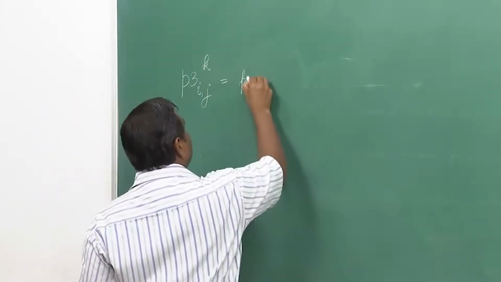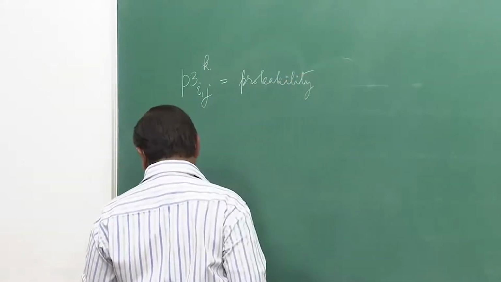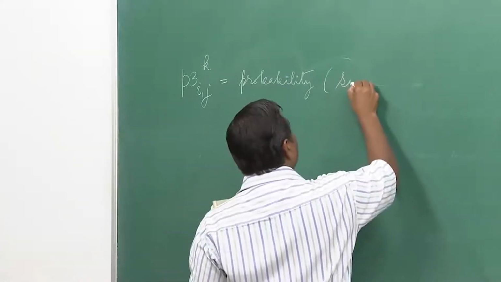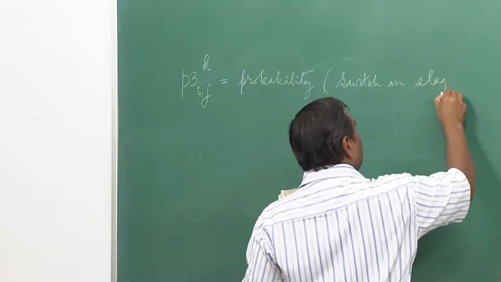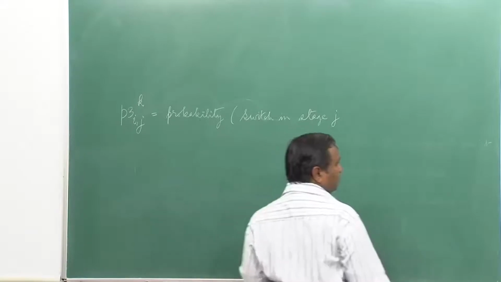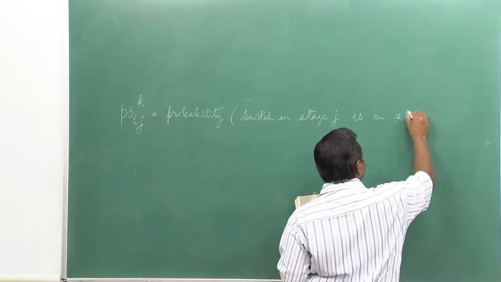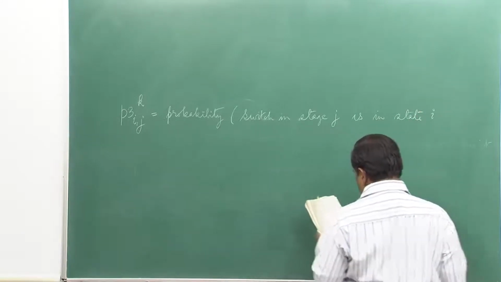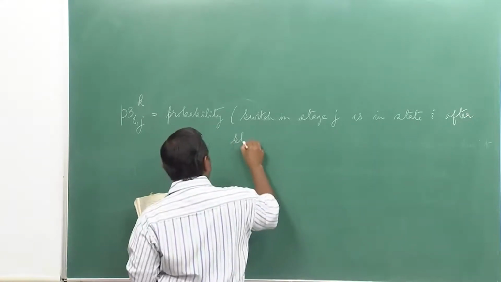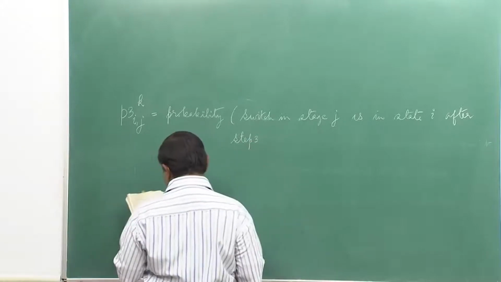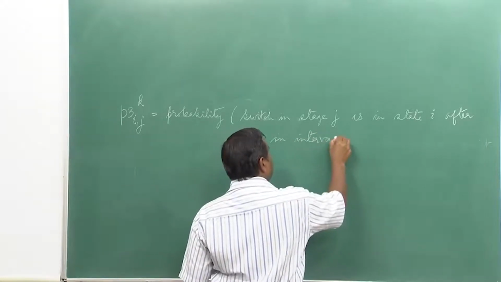So, this will be the probability of a switch in stage j being in state I after step 3 in interval tau k.